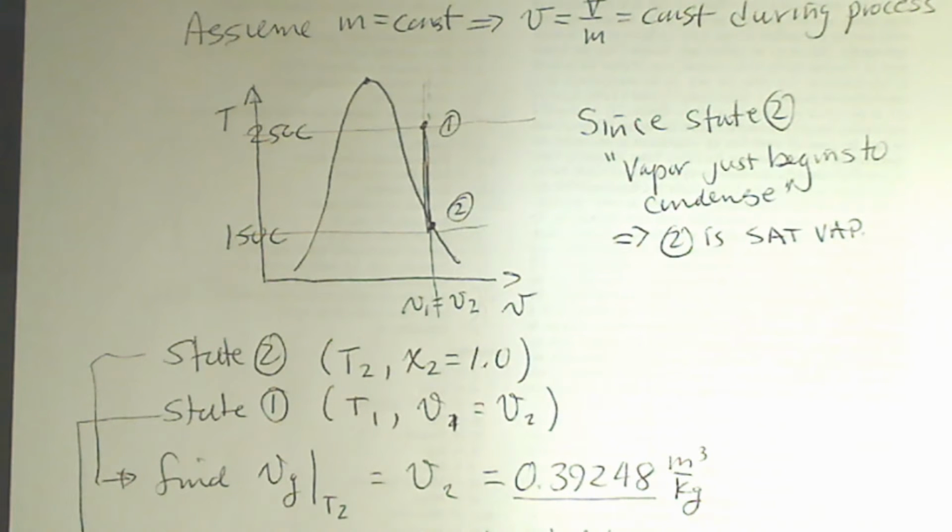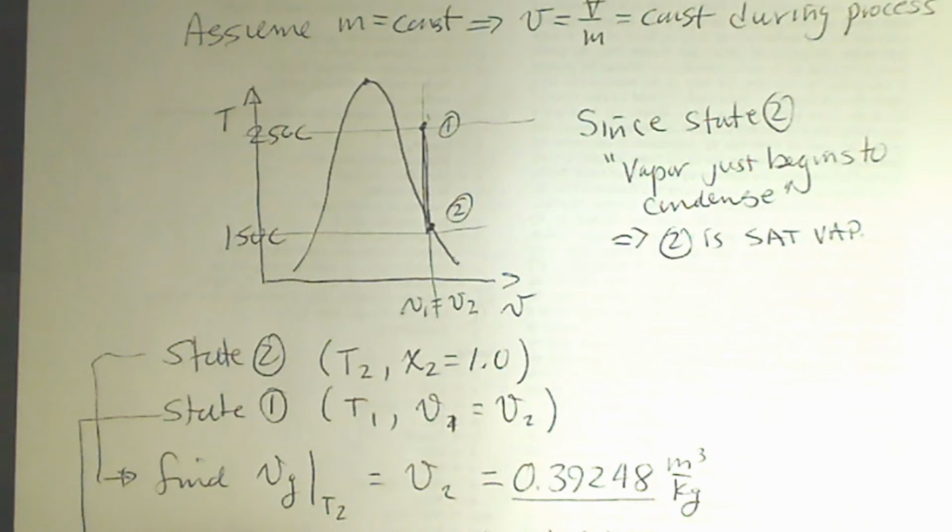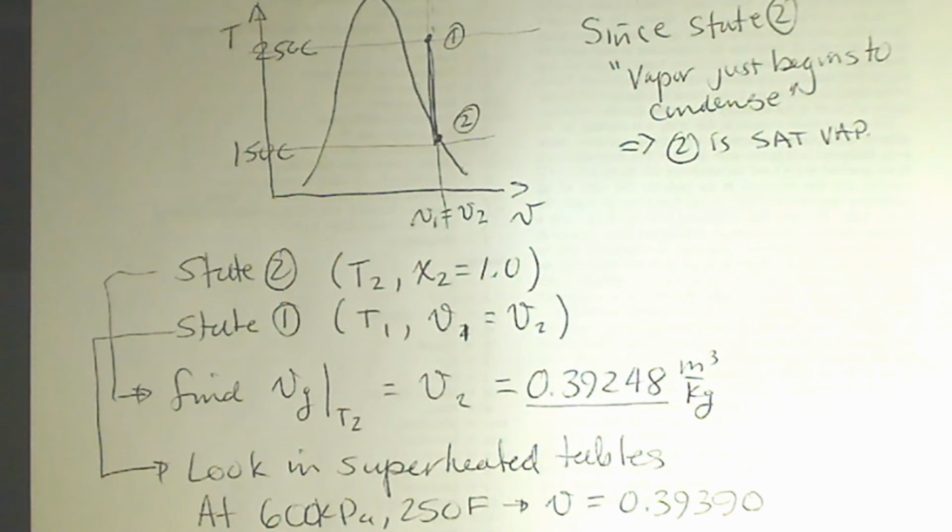And then the next one down, I'm sorry, this is 600 kPa, and this is 800 kPa. 0.6 MPa and 0.8 MPa, and at 250 degrees, I get that the specific volume is 0.29321. And these are both meters cubed per kilogram.